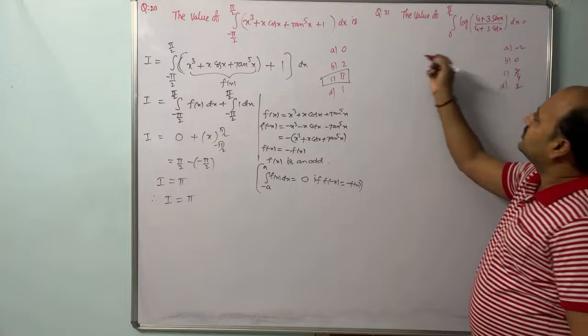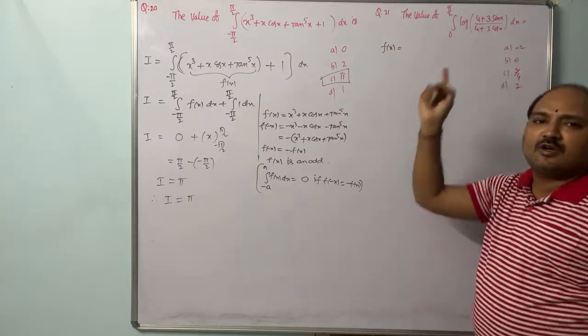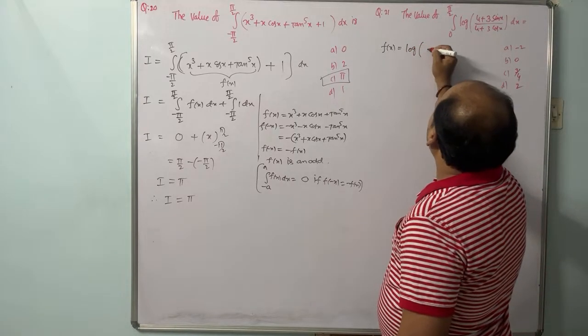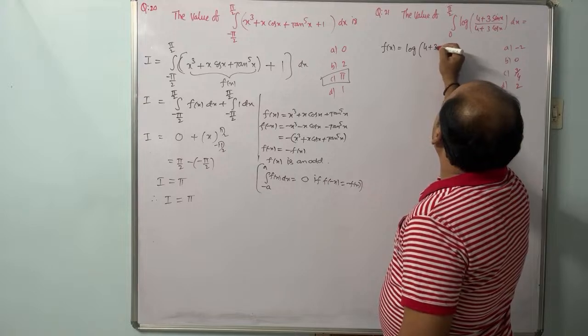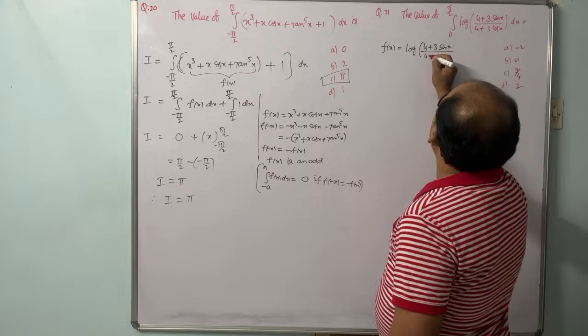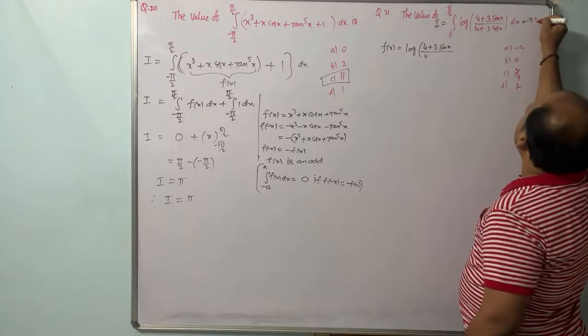Now move to another question here. Here also I am going to verify whether it is an even function or odd function. So first f of x is log 4 plus 3 sin x by 4. No need. This is equation number 1. You can take it, dear students.